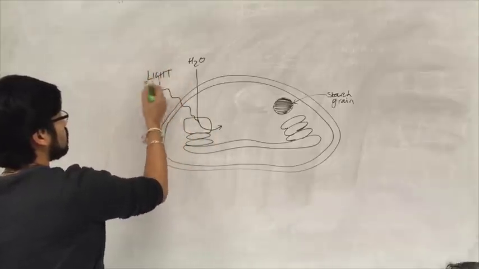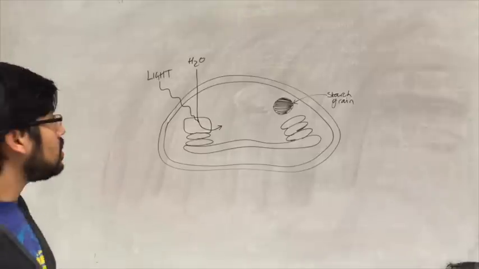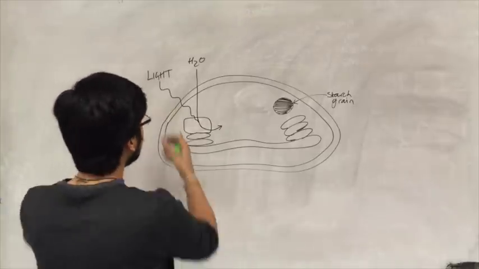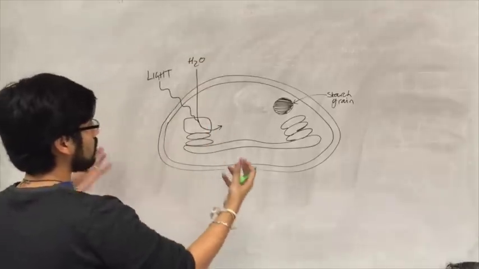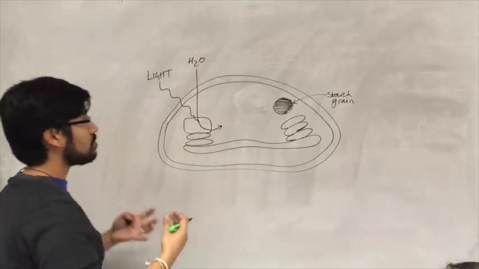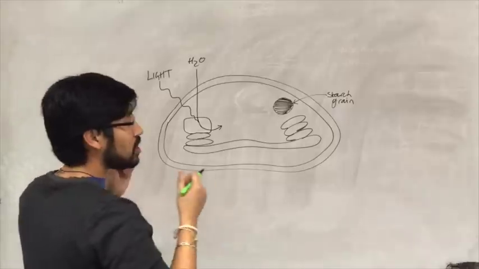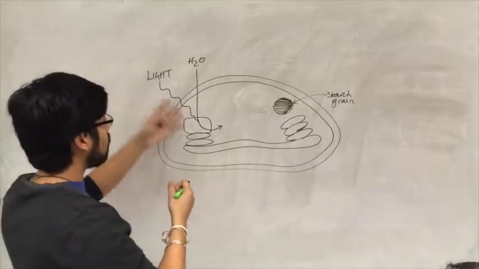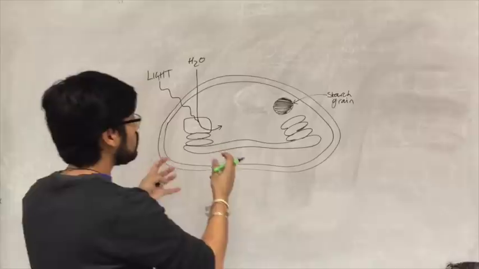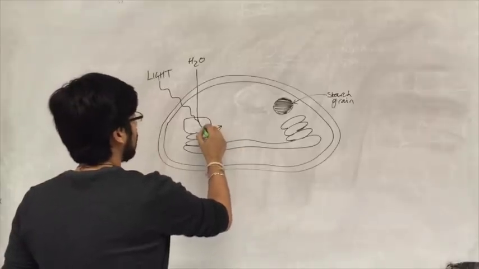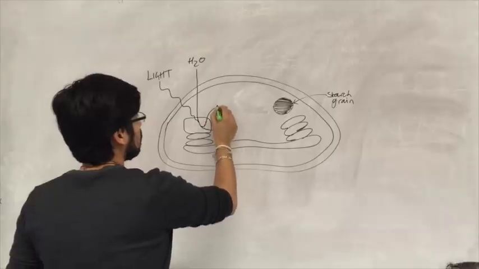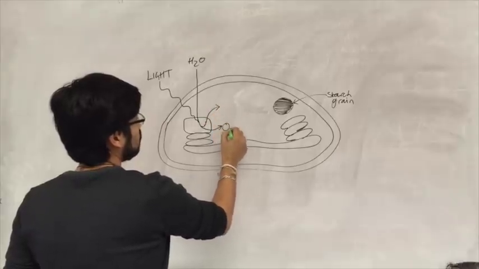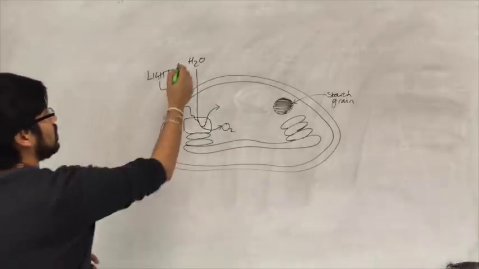Light, you can call that a photon of energy or whatever you want, but essentially it's the energy from light that is used to split the water molecule into oxygen, electrons, and hydrogen, and we are using the energy from the light to produce some other things. So we're producing oxygen, right?